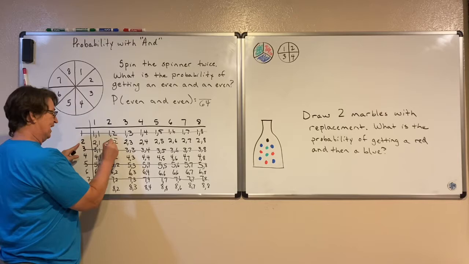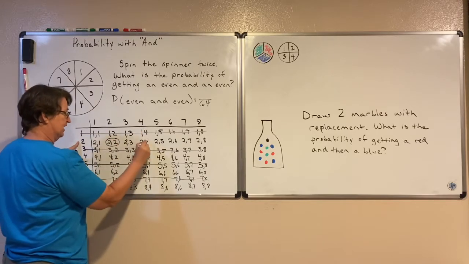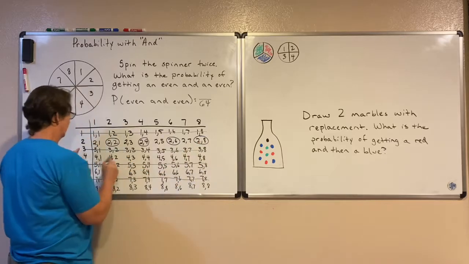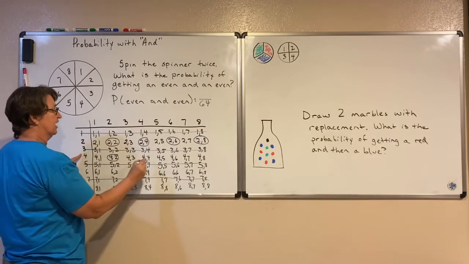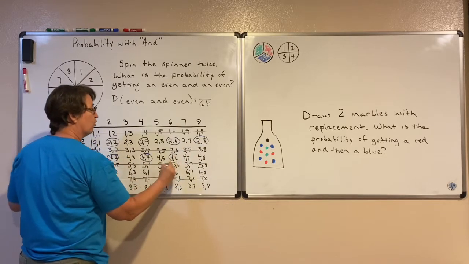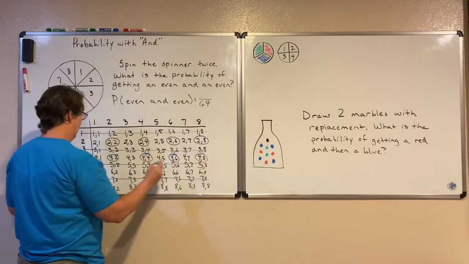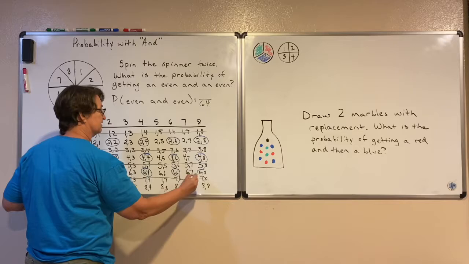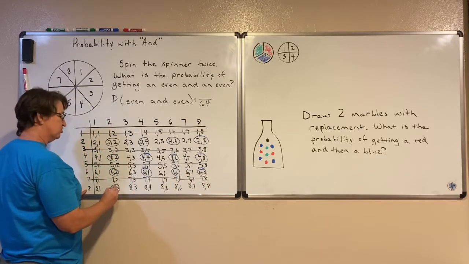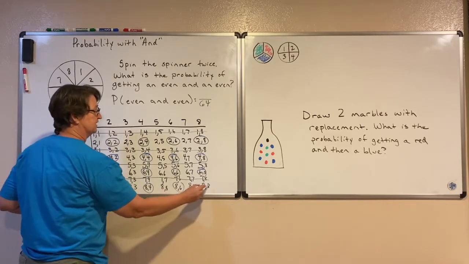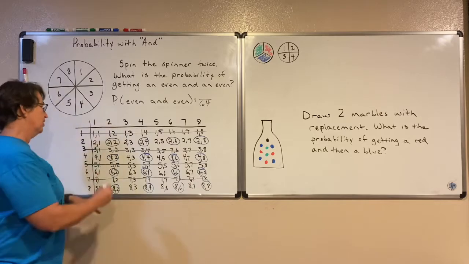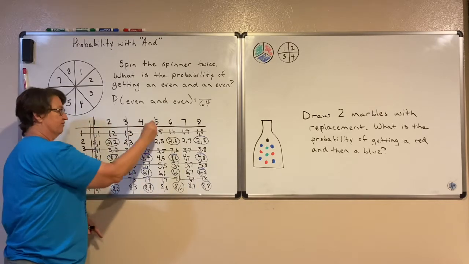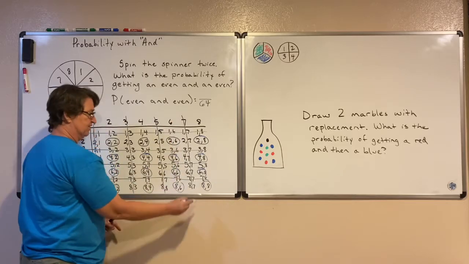So an even and an even, and so on. 4 and 6 are both even, 4 and 8 are even. 6 and 2, 6, 4, 6, 6, 6, 8. And then 8, 2, 8, 4, 8, 6, 8, 8. So you see we also eliminated down the 1s, the 3s, the 5s, and the 7s there.